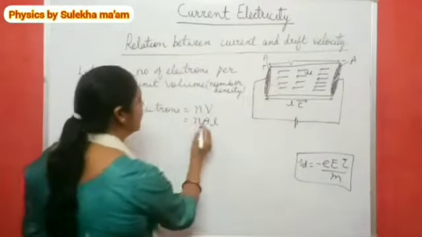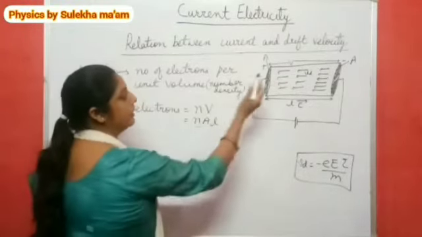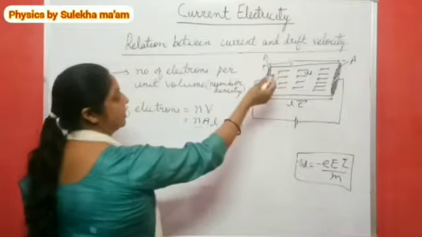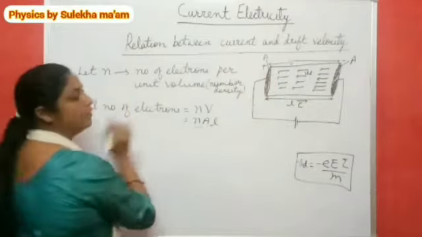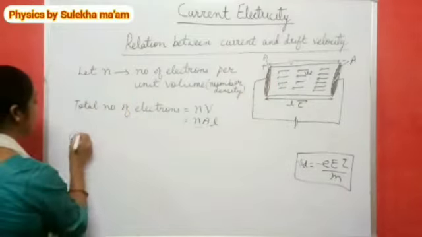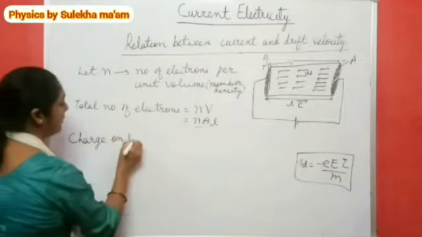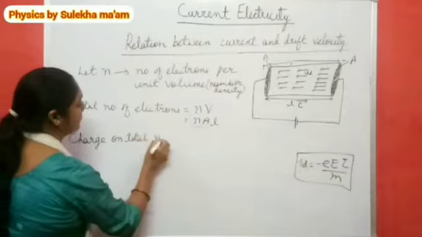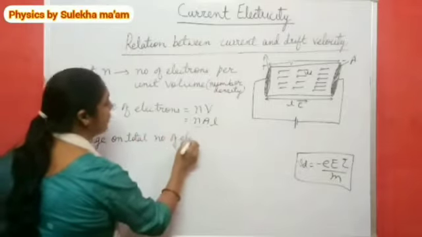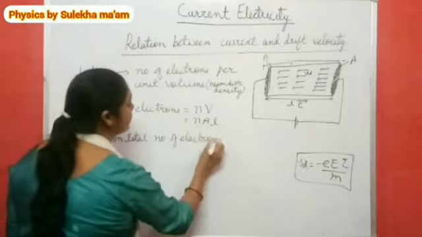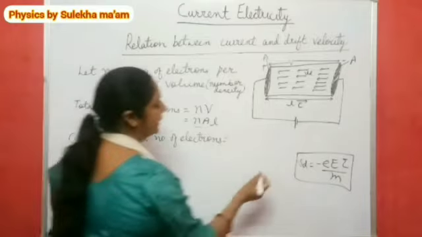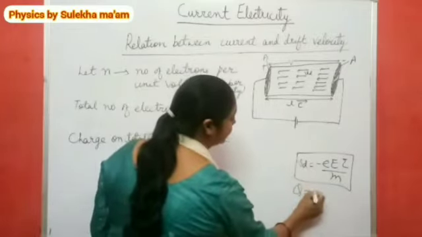Then if this is the total number of electrons, what is the total charge on them? What is the formula for charge? You know that Q equals what?